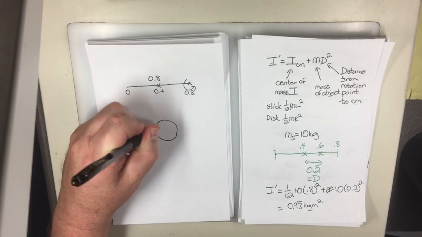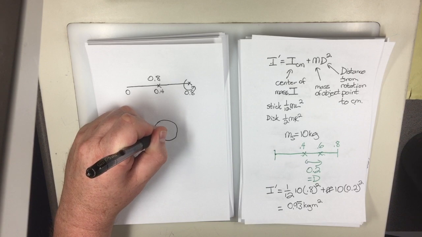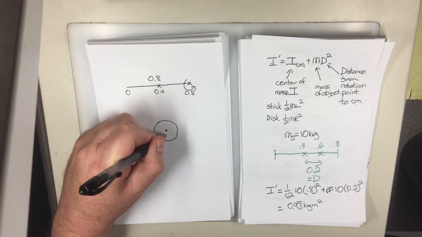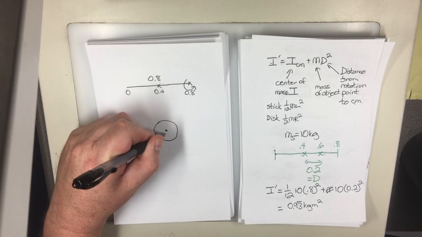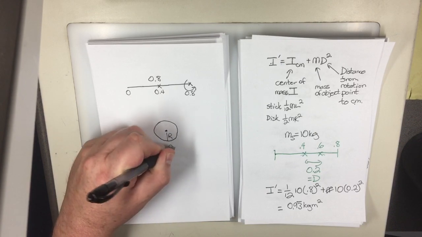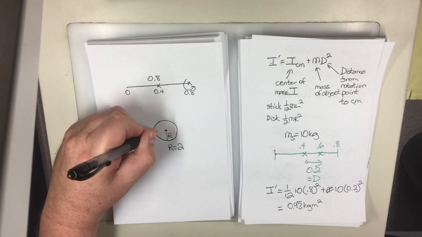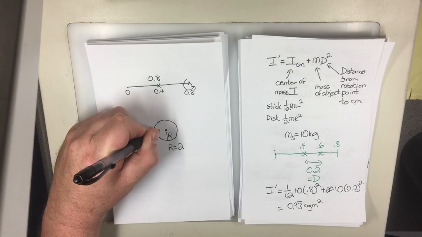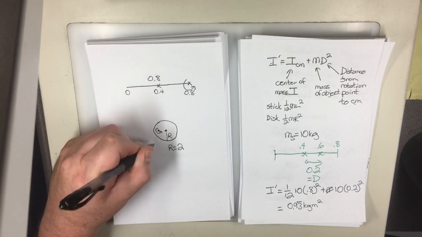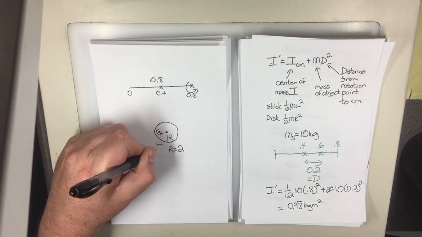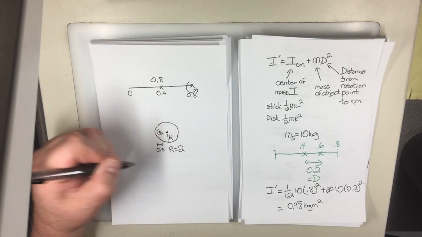If I said it was a disk, and R was 2, and I made it rotate around that point there, where that distance was 0.5.